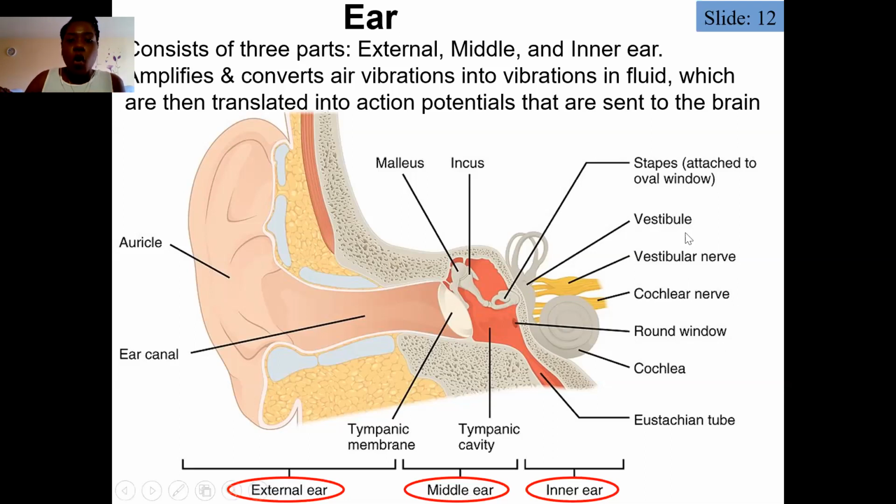So in terms of an overview of sound, sound enters or is trapped from our environment via the auricle or the pinna. This is sometimes called the outer ear or the external ear. It's trapped into the auditory canal or the ear canal. It's taken into the middle ear where it is amplified.